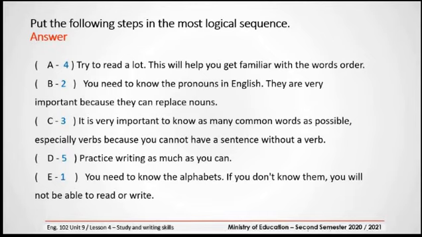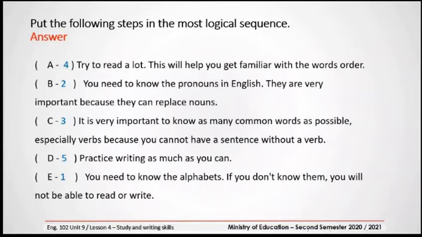You'll not be able to understand well because pronouns can replace nouns. الضمائر تحل محل الأسماء. So the second step is pronouns. لازم تعرف الضمائر in English. I, you, we, they, it, he, she. Yeah? So that's the step number two.